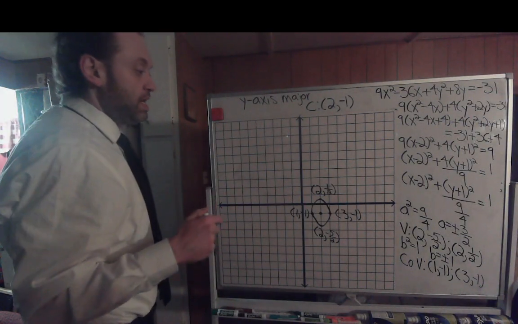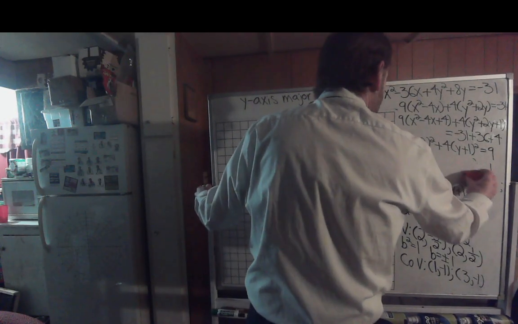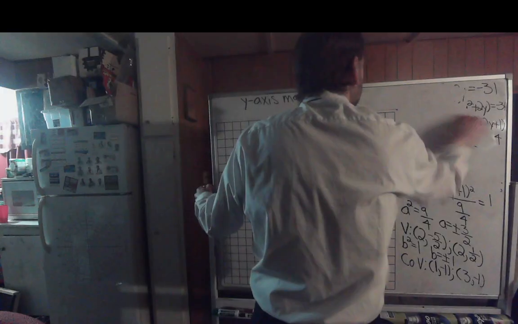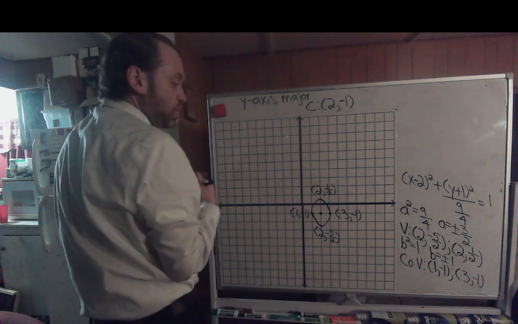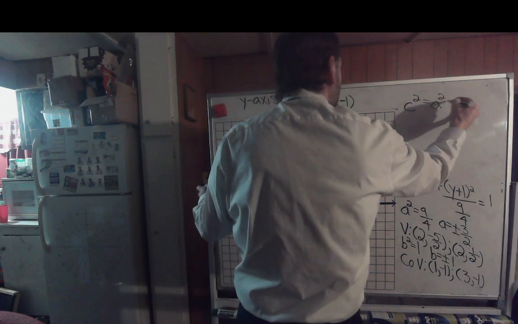Now, the last thing we got to do, I'm going to keep this original equation here because I think we see the process now of how we got to where we were. Alright, so we need to find the foci. So again, c squared equals a squared minus b squared, which means 9/4 minus 1 is what c squared equals.